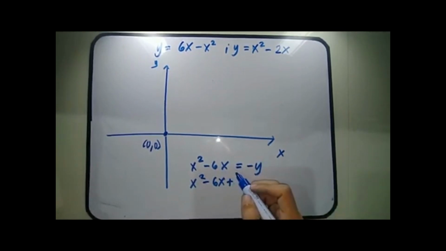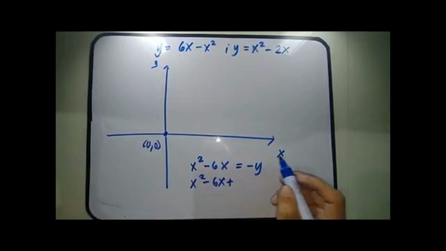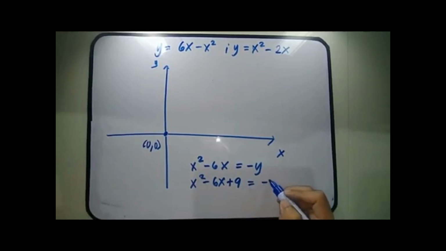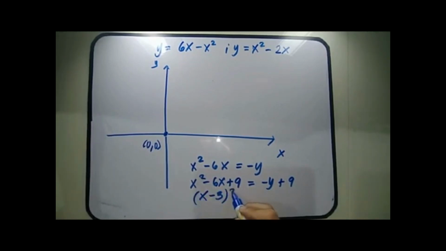So x squared minus 6x. So we add here 6 over 2 squared, or 3 squared. So that is 9. If you recall our analytic geometry, that is plus 9. Then you also add 9 to the other side to balance it. We have here x minus 3 quantity squared is equal to negative y minus 9.